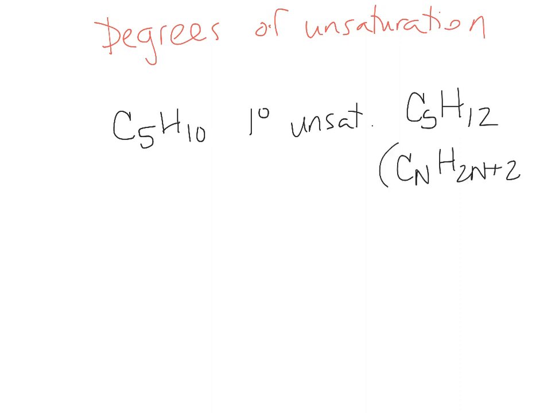CnH2n plus 2. So we know there's 1 degree of unsaturation, but we don't know whether our molecule is cyclopentane, so it has a ring, or whether it has a double bond somewhere.